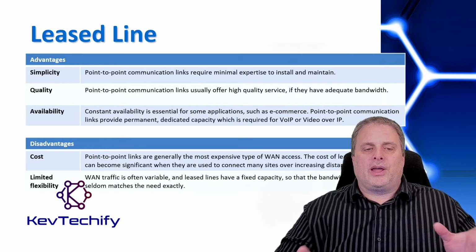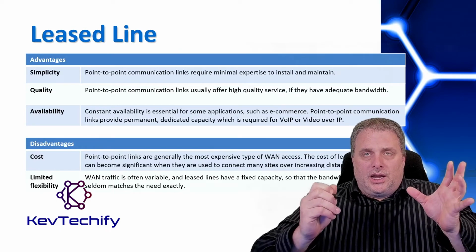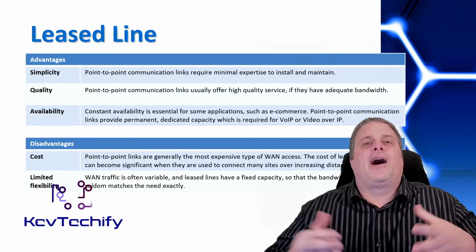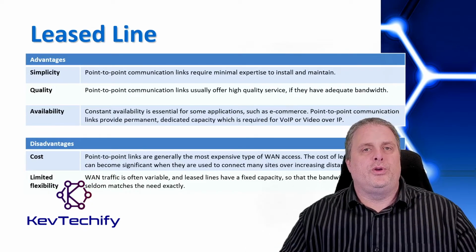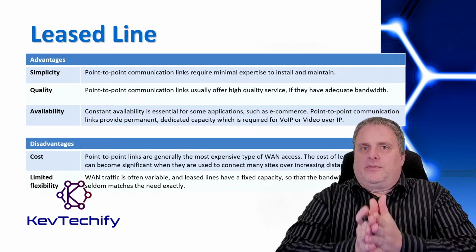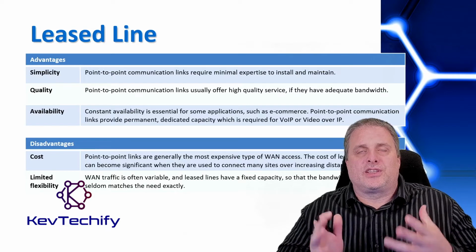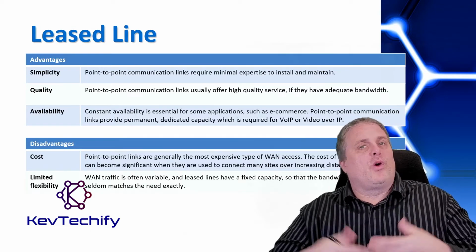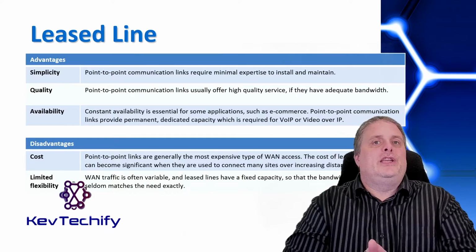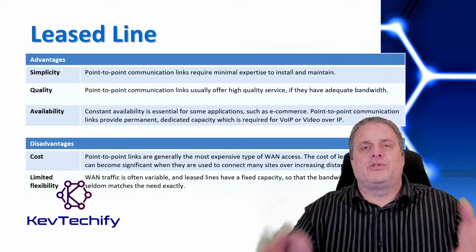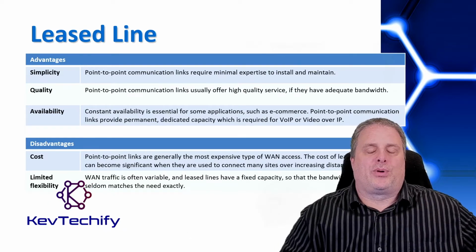What we mean by that is you always paid for that bandwidth. No matter how much you used it or when you used it, you were paying so much per month and you paid for it all the time. So there was not a lot of flexibility in that. You could never go faster than that. And if you didn't use it for a couple of days, whether people were on vacation or something like that, you still had to pay that high price.